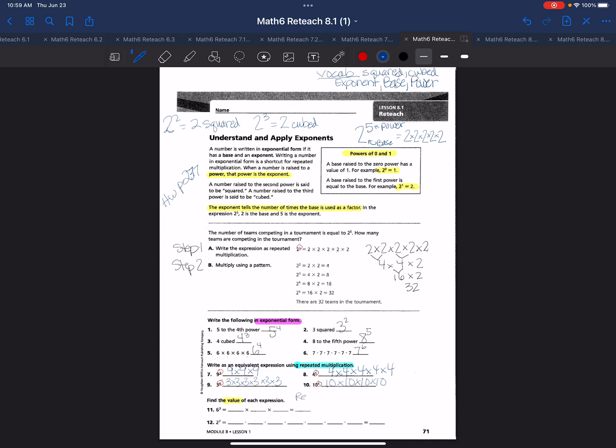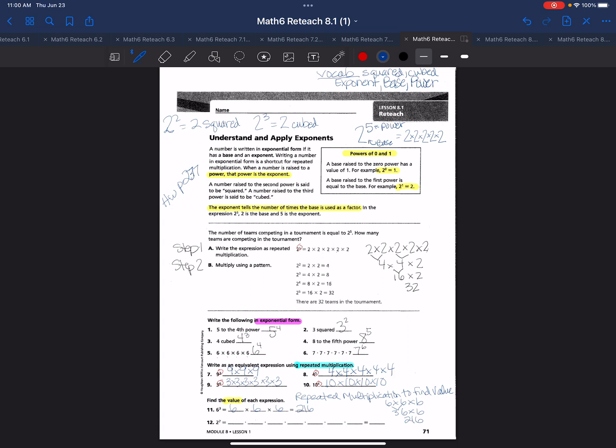Again, we're going to be using repeated multiplication to find the value. 6 to the 3rd power will be 6 times 6 times 6. So I would go over here and show my work. I don't want to do this in my head. So 6 times 6 is 36. And then 36 times 6 would be 216.